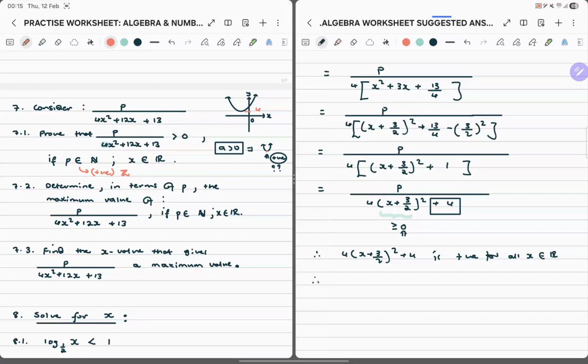You can say, therefore, p over 4x squared plus 12x plus 13 is greater than 0 for all p, an element of natural numbers, and x, an element of all real numbers. Nice and easy.